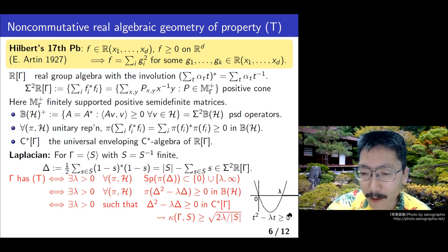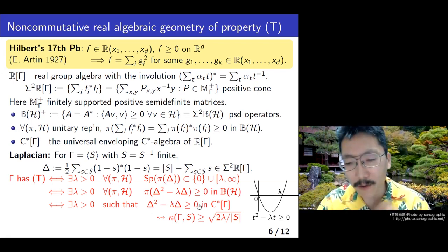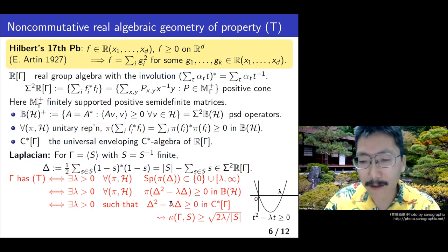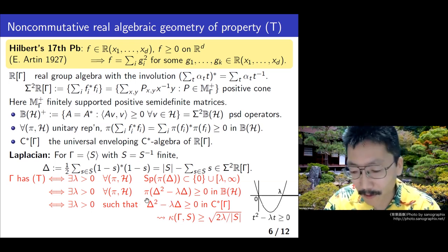But delta square minus lambda delta being non-negative means the value is 0 or above lambda. So property T is equivalent, by the spectral mapping theorem, to saying that this inequality holds in the group C-star algebra. And in which case there are connections between lambda and the Kazhdan constant, etc.